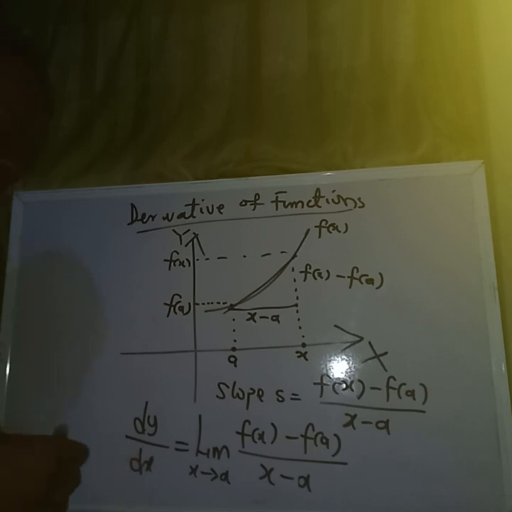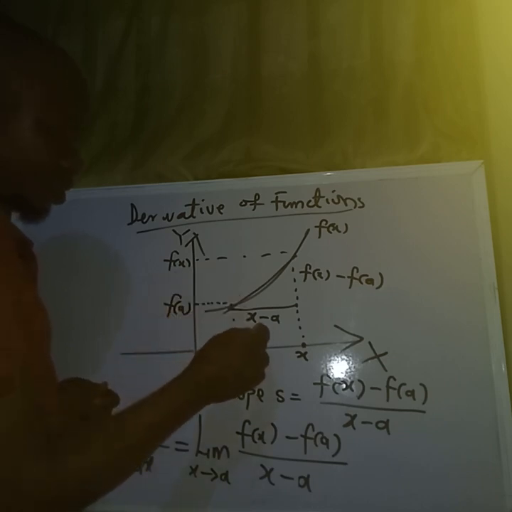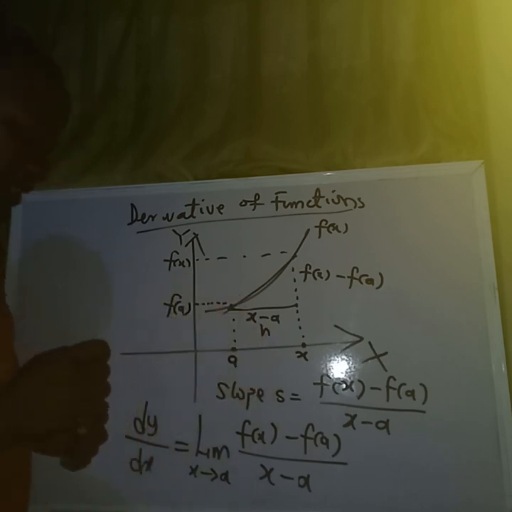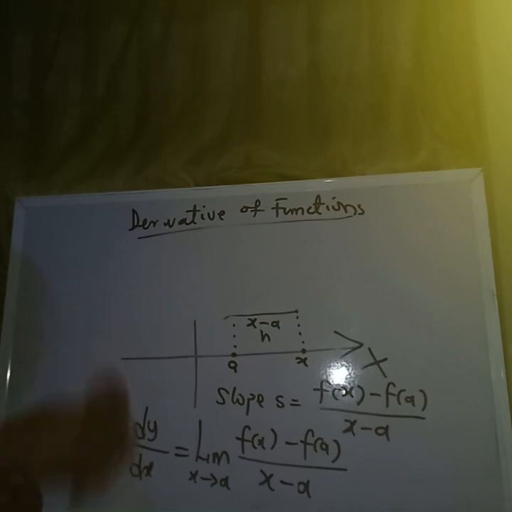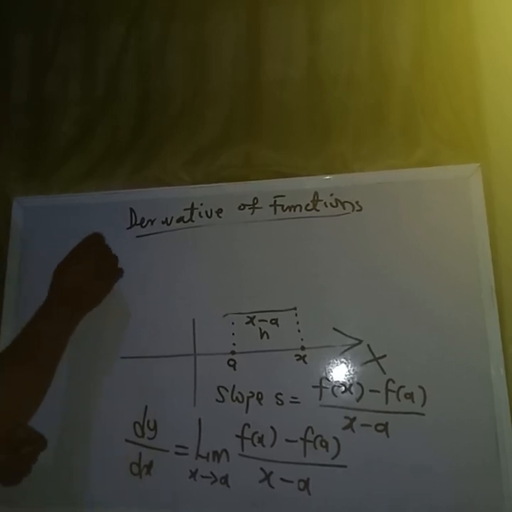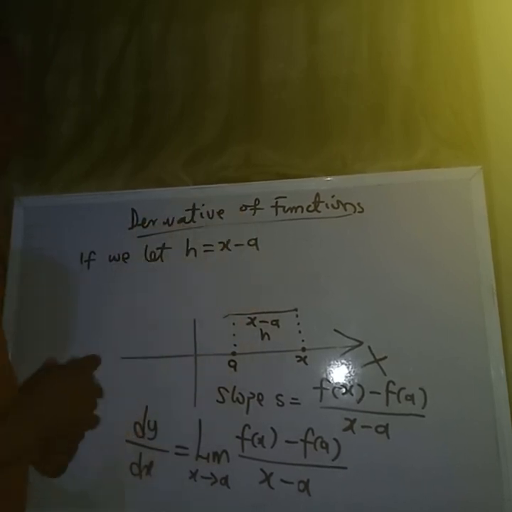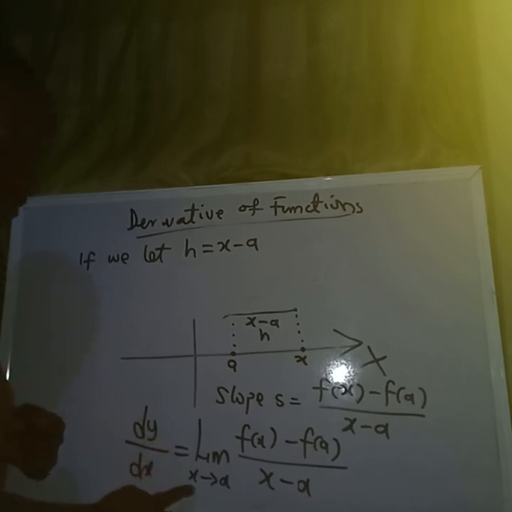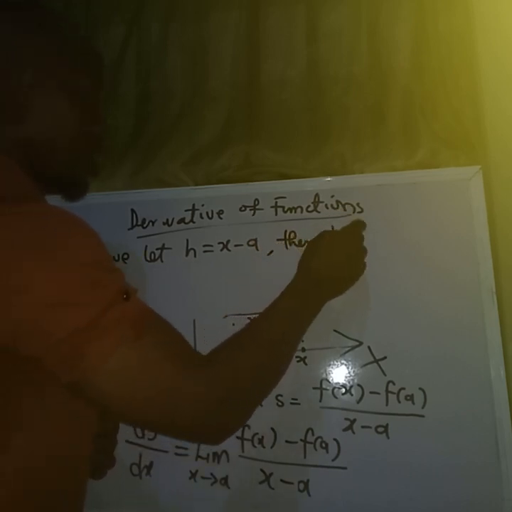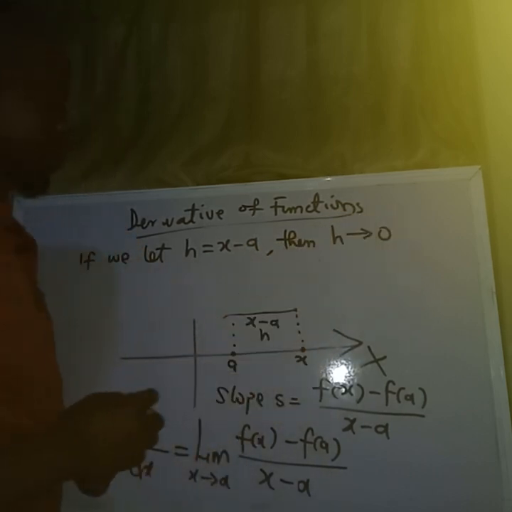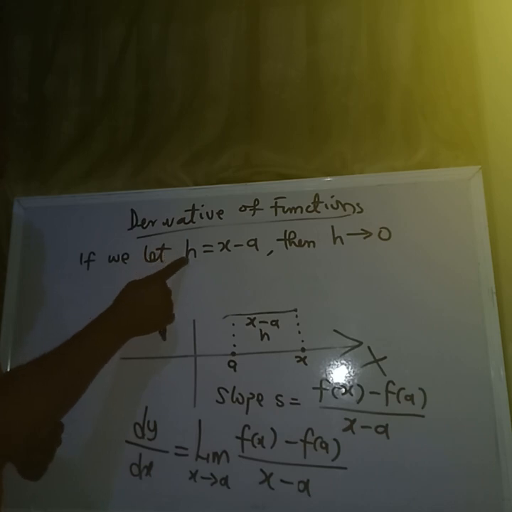That is, if we let the change in x here be a letter h, that is, if we let h be equal to x minus a, because x is tending to a, then h tends to 0, because when a comes to this place, it becomes x minus a, and we are letting that be h.